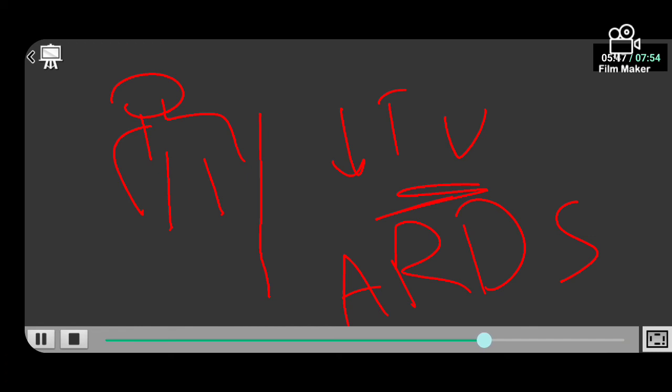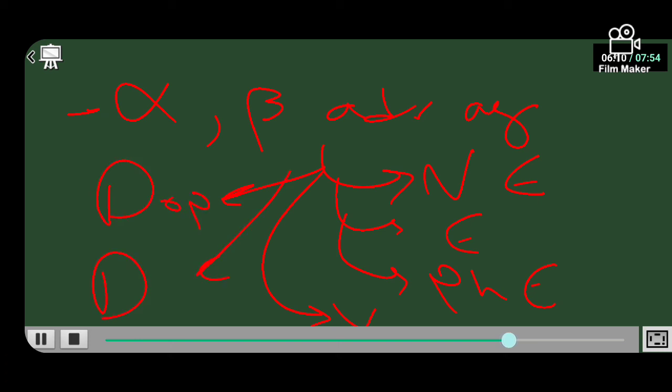The pharmacotherapeutic management includes alpha and beta adrenergic agonists such as norepinephrine, epinephrine, phenylephrine, vasopressin, dopamine, and dobutamine.